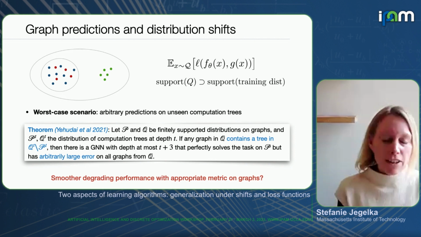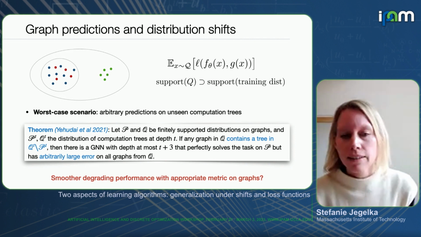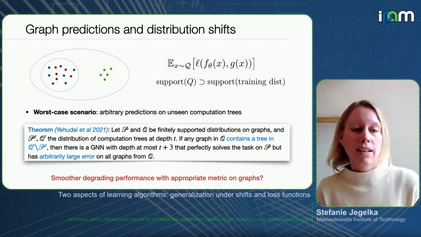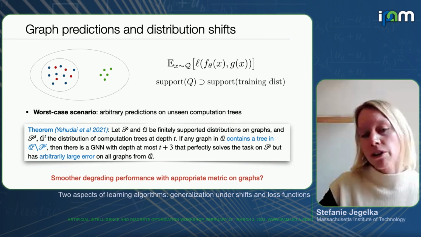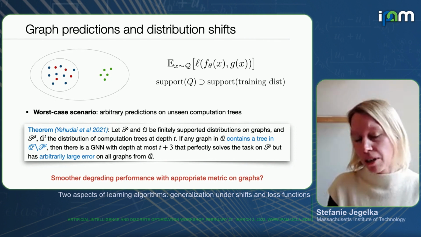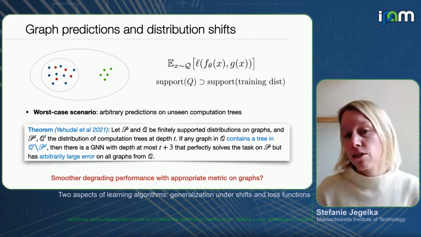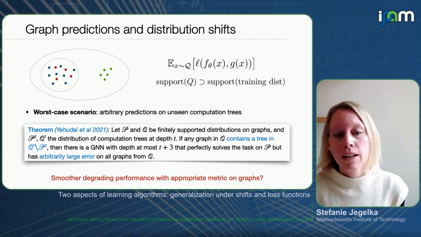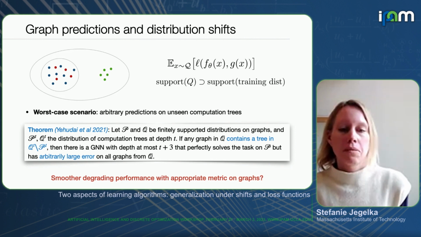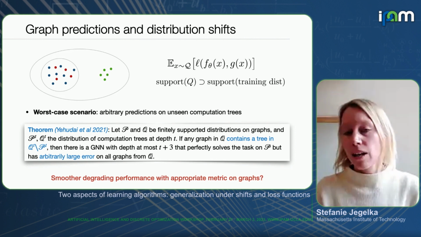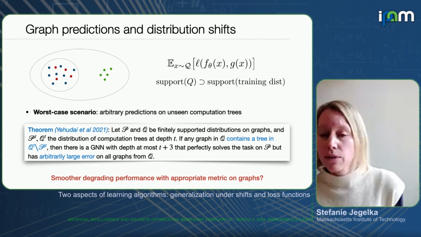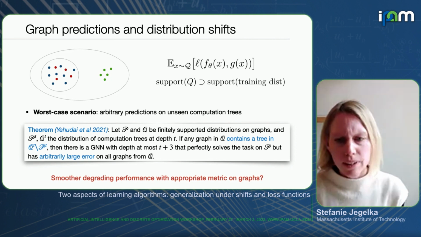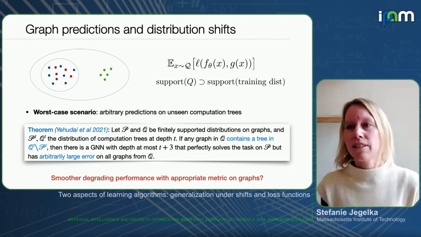So the question I want to ask is: is there a way to get a smoother measurement of the degrading performance than just saying this is good and this is bad, the black and white? Can we somehow make a prediction about how much the prediction of the graph neural network would change? That's essentially the Lipschitz constant.